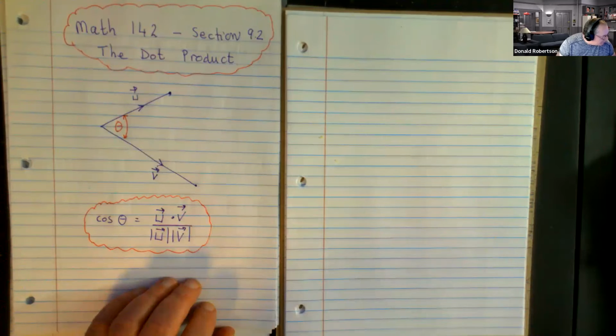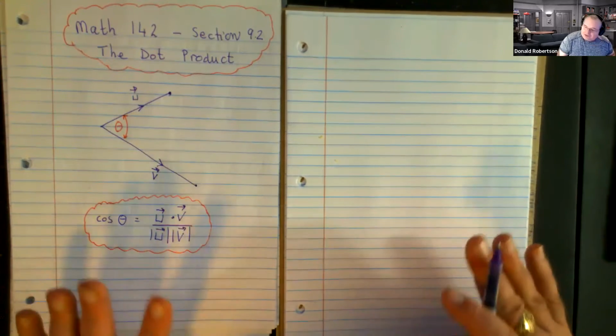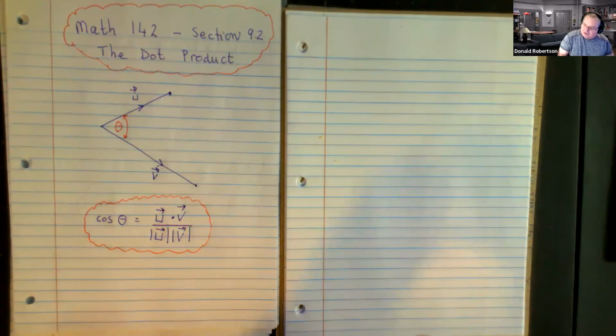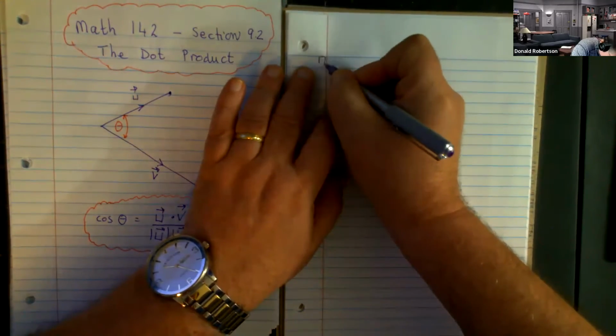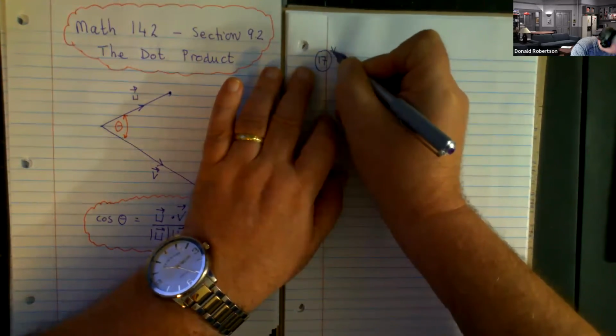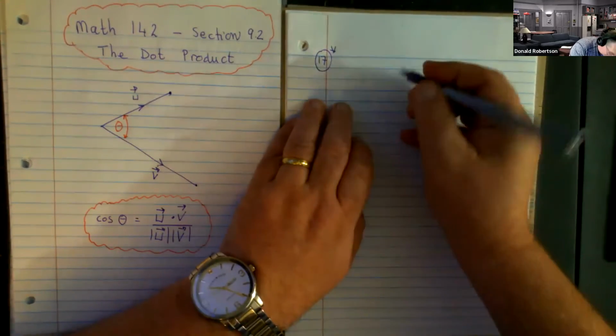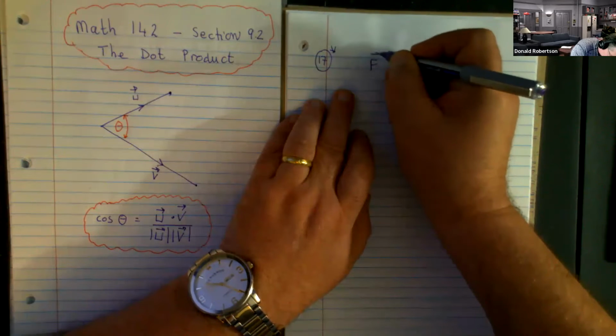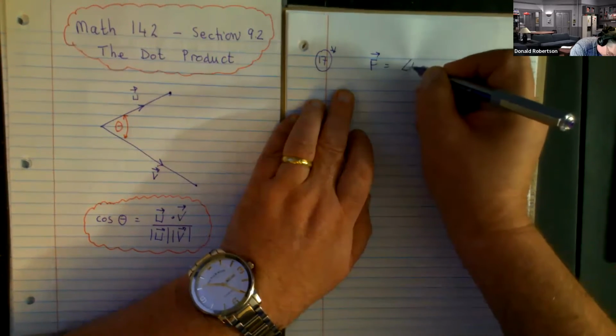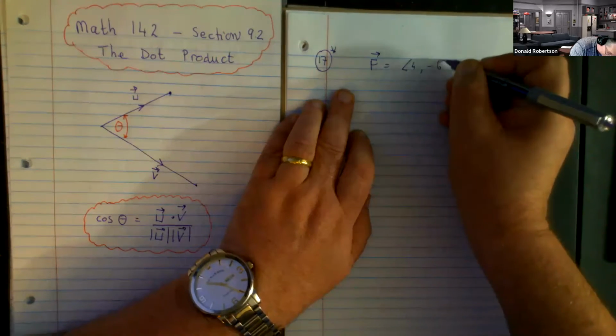Are we comfortable with that last question? That if you want to find the work done, you find the dot product of a force vector with the movement vector. Now, this is example question 17. The force vector is 4, -6.